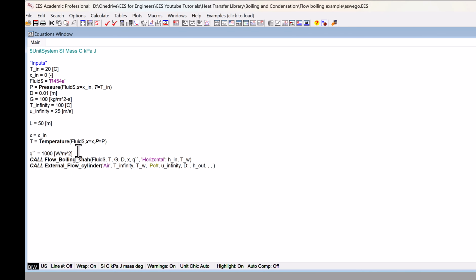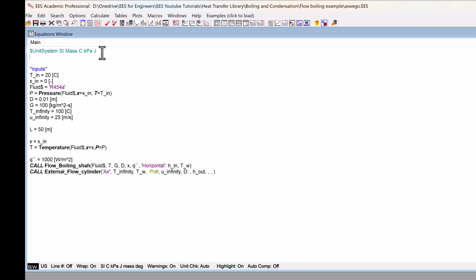So this heat flux is not consistent with these two temperatures, the fluid temperature and T infinity, and these two heat transfer coefficients. So the next thing I have to do is make that consistent, right? I got to iterate on this heat flux, and that iteration is probably going to require that I have a pretty good guess value.